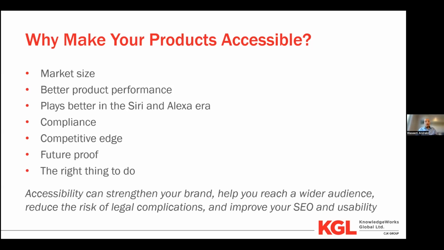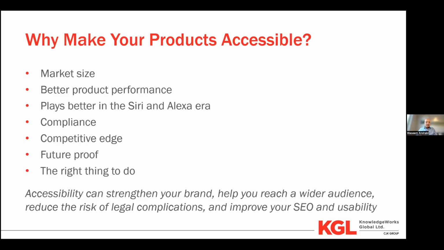It's just a matter of when. As in, everybody at some point in their life would need products to be accessible. And so help your future self by taking this initiative in your organizations and doing the right thing for today, and also for the future self, so to speak.